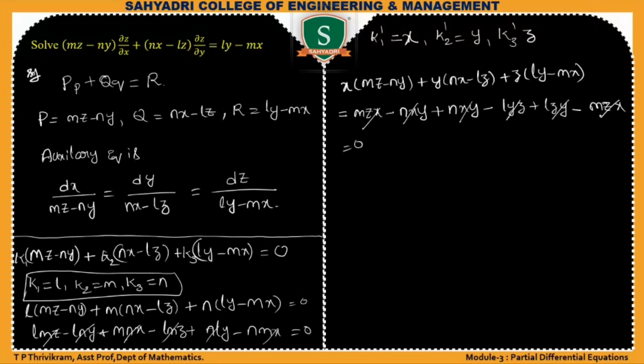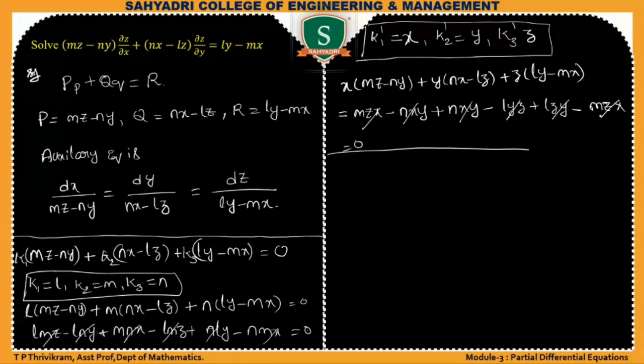Okay, so we got two multipliers. We can make use of these two multipliers now. So these are all rough up to these lines. Now here onwards I am going to continue using the multipliers. Take it as equation 1.